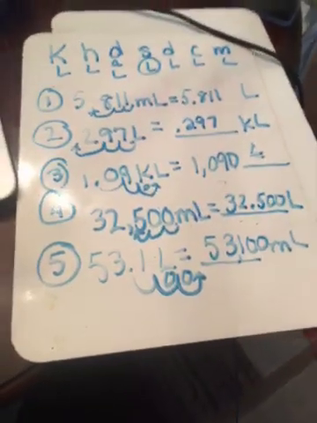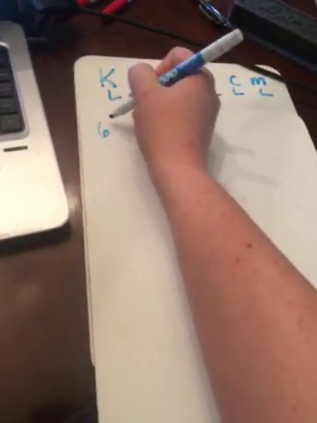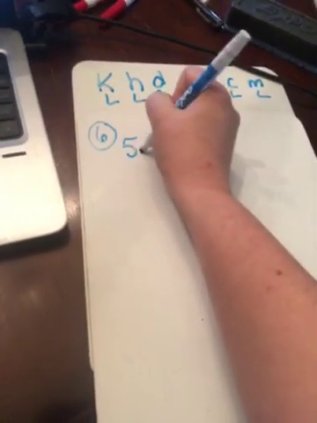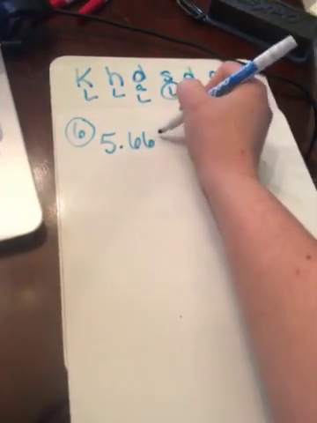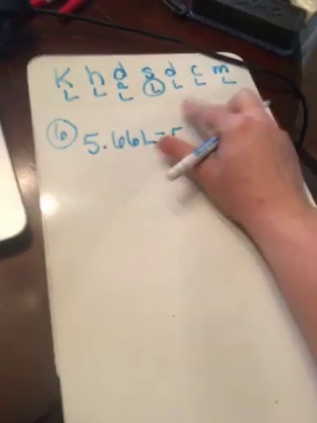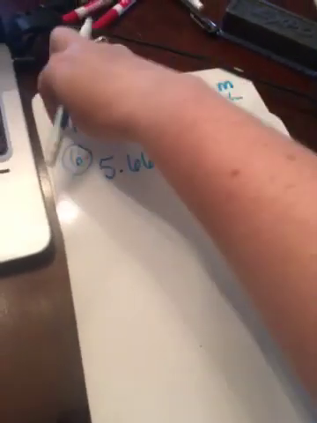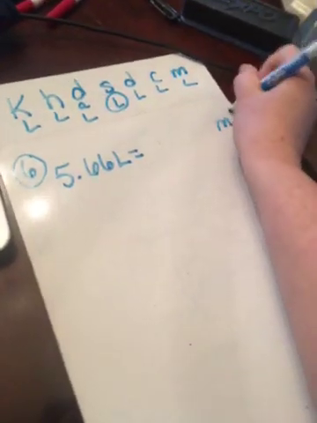Okay, let's use another board here. We'll keep the date on the top of our paper there. And we're going to do number 6, which is 5 and 66 hundredths of a liter equals how many milliliters?